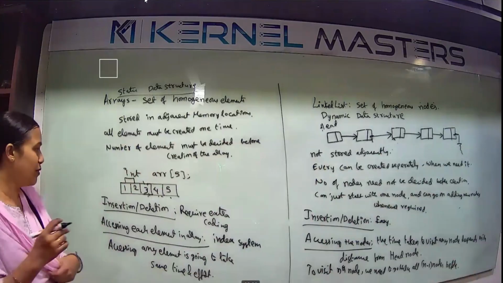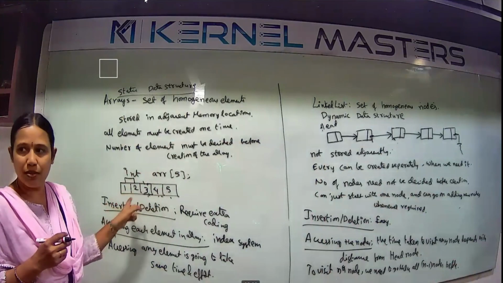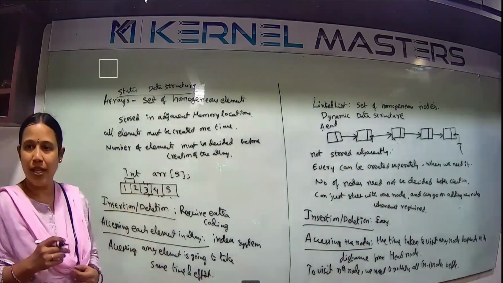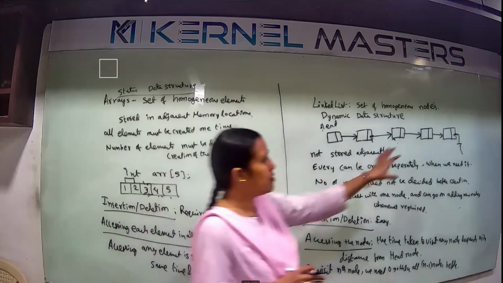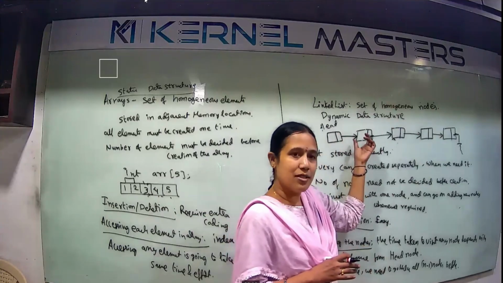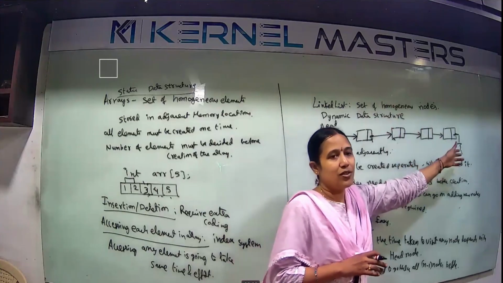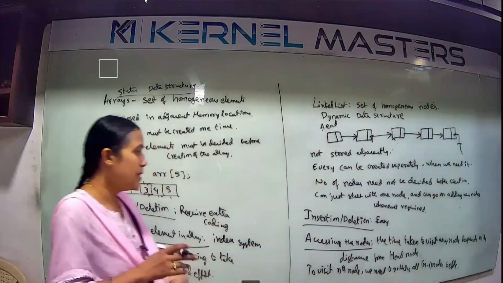To go to the fifth element in an array, you don't have to go through the 0th element, the first element. You don't have to visit all 4 elements. You can directly go to the 5th element. Here it is not possible. If I want to visit the 5th node, you must visit the first node, get the second node address, go to the second node, get the third node address, and so on, then only at some point will you be able to visit the 5th node. That is the problem with linked list.